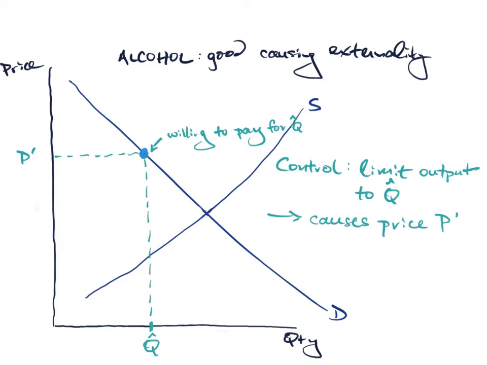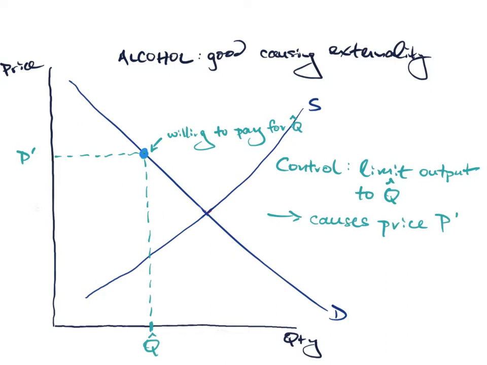The price is determined entirely by the demand curve. So if we cut back consumption, it's going to drive up the price. If we limit how much cocaine people can consume, there's kind of a shortage of cocaine, people will bid up the price. And that's what goes on.